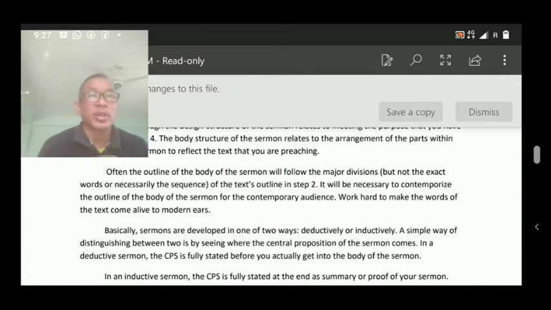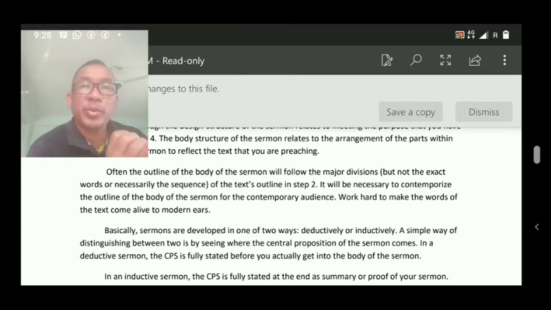When you structure the text, it is not an easy task, by the way. But once you structure your text, it is very easy to structure your sermon, because your sermon is just to contemporize from the text. So step number 2 and step number 5 help step number 6.